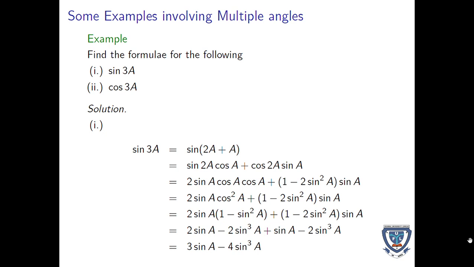Find the formula for the following: (i) sin 3A, (ii) cos 3A.